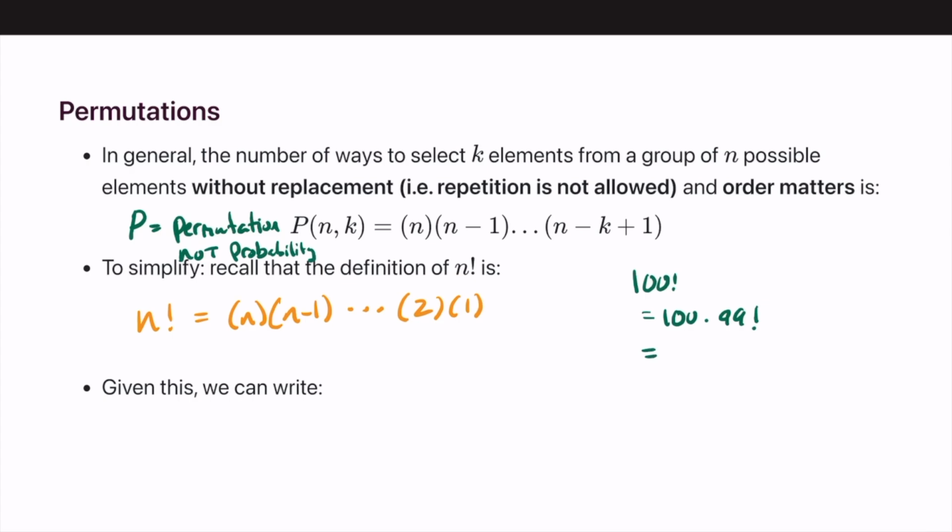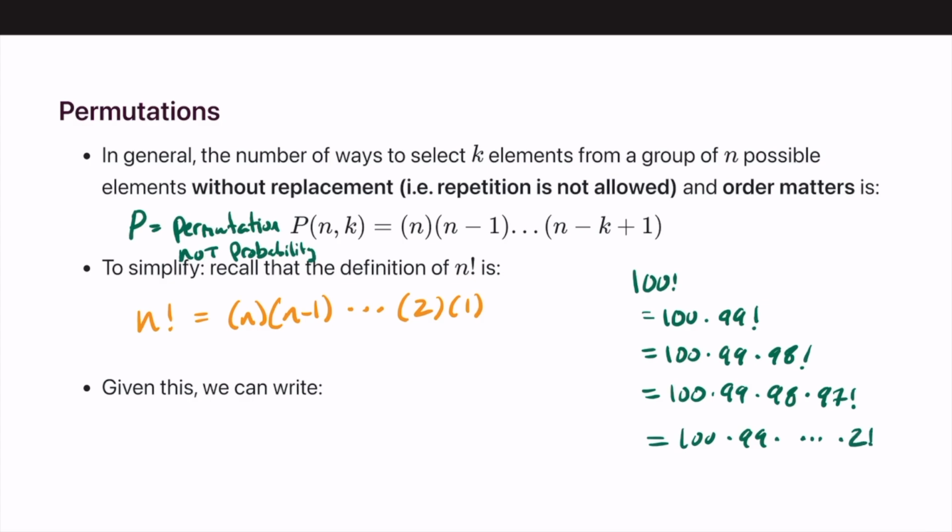And that's going to be the same thing as saying 100 times 99 times 98 factorial, which is the same thing as 100 times 99 times 98 times 97 factorial, all the way until we have 100 times 99 times ... times 2 factorial, or 2 times 1.